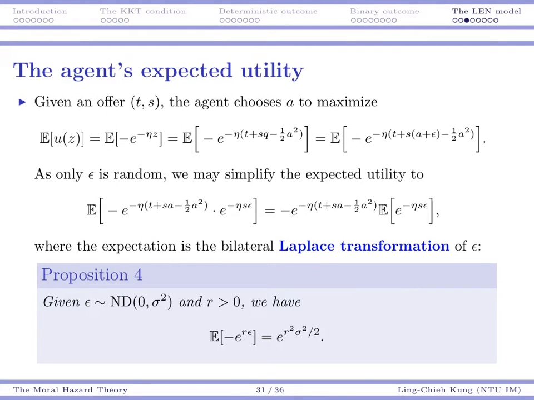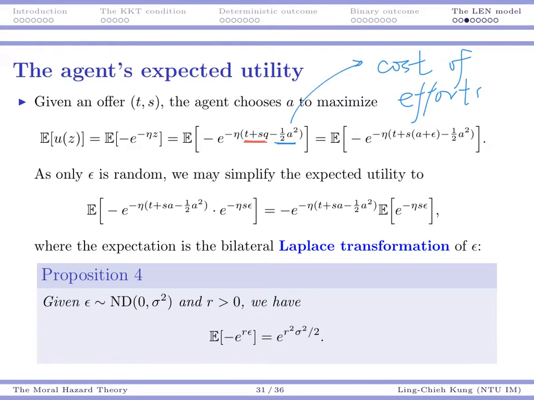Okay, Z is the random payment, depends on T plus SQ, that's the first part, and also 1 over 2 A squared. 1 over 2 A squared, I forgot to put it in the previous slide. This is the cost of exerting efforts.